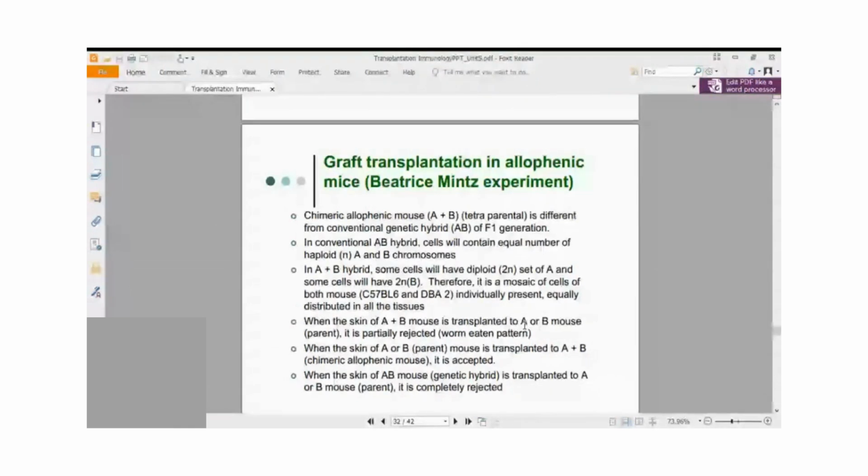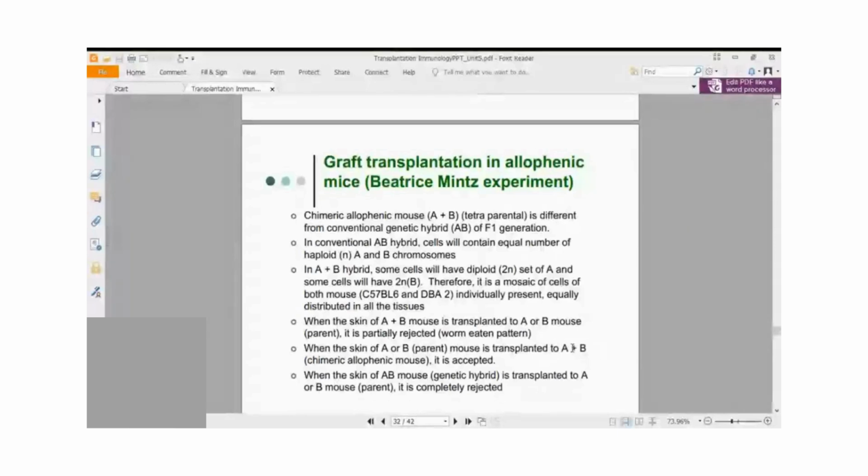That is, when the skin of A or B, that is the parent mouse, is transplanted into A plus B, the chimeric mouse, that is the allophilic mouse, the graft is accepted.